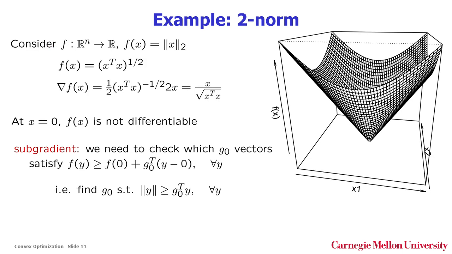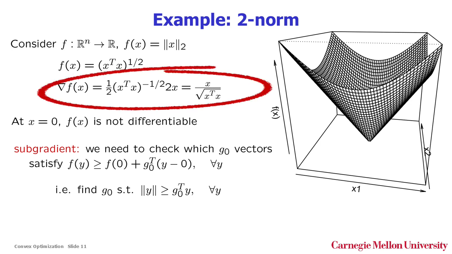The next example I would like to discuss with you is the 2 norm. Let function f be the 2 norm of x. That is, f of x is the square root of x transposed x. Using the chain rule, we can try to calculate the derivative of f of x.